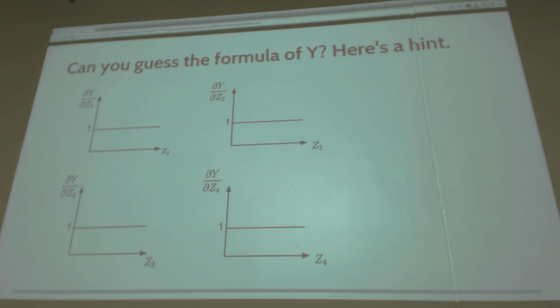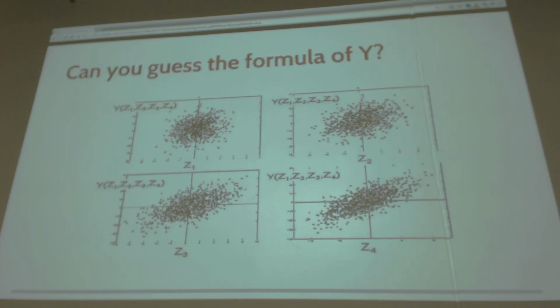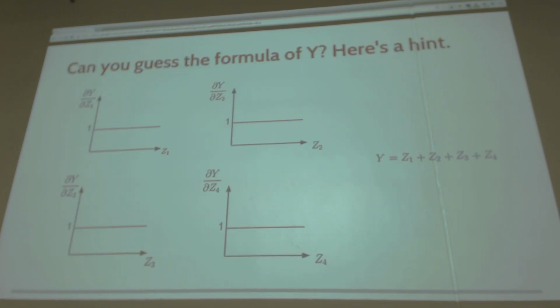The derivative of y over each of these 4 factors is the same, and it's 1 over the whole input range. So y is actually simply the sum of these 4 factors. And then, well, what the hell? Clearly the dependence is different, but the shape of the function is the same. So it's just a sum of 4 terms.